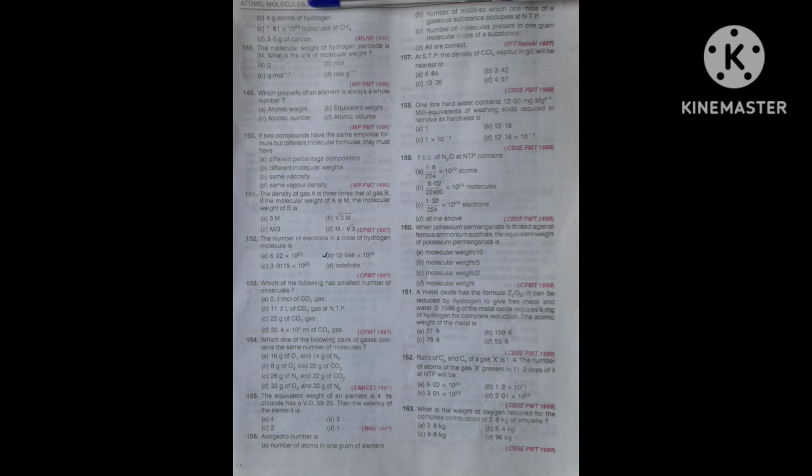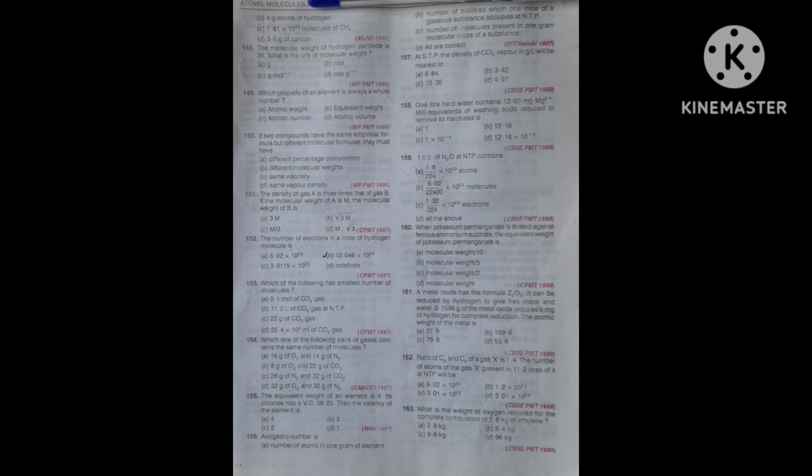Then for 1 cc, how much? Avogadro number divided by 22,400 molecules. 1 cc N2O means Avogadro number divided by 22,400 molecules.